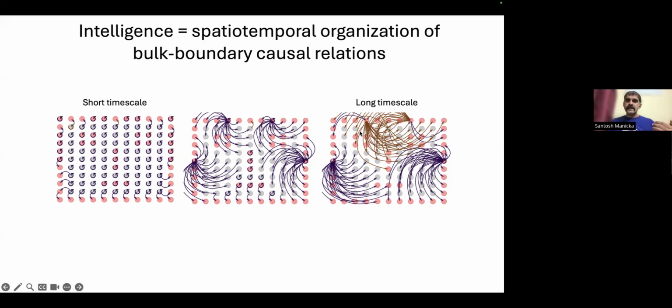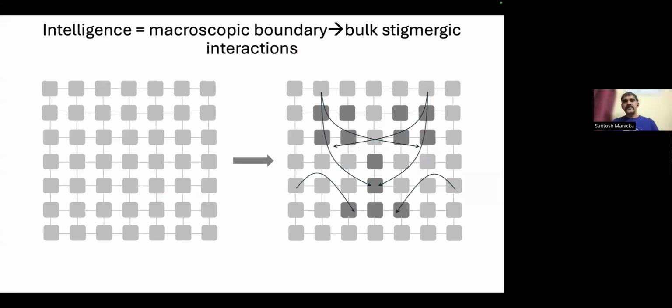And interestingly, the eye on the left is influenced by boundary cells on the right of the midline axis. And the other facial features are controlled by other boundary cells. So basically, spatially separated cells on the boundary seem to sculpt spatially separated features in the bulk. So that seems to be the high-level strategy that this model is following, and that became evident by doing this sort of causal influence analysis.